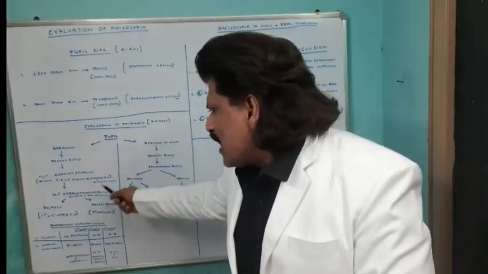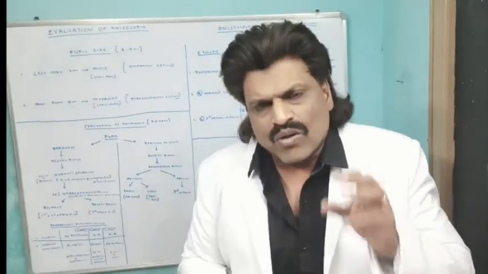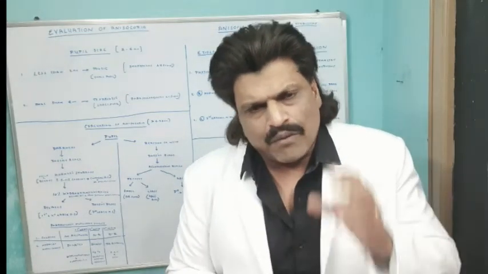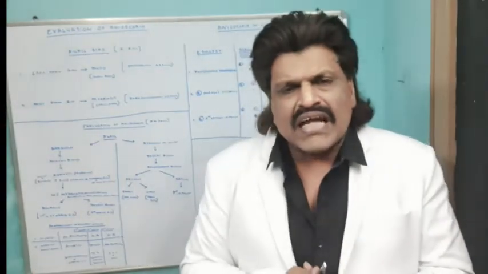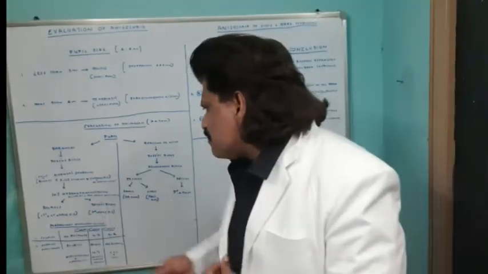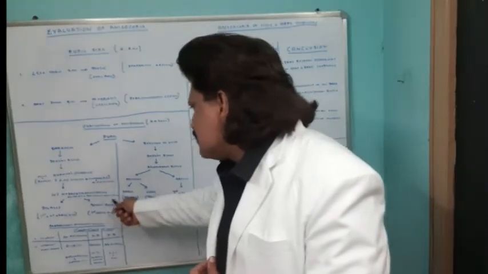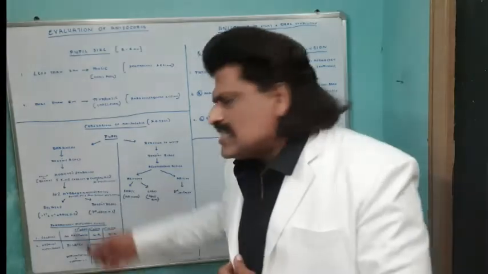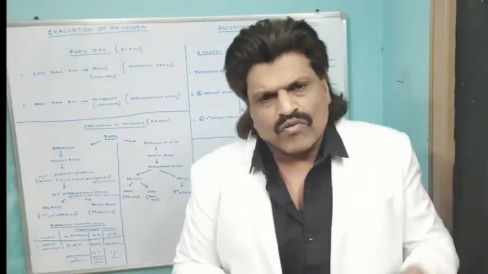Once we have confirmed the Horner's syndrome by instilling cocaine drops and failure of dilatation of the pupil, this time we instill 10% hydroxyamphetamine. The hydroxyamphetamine releases norepinephrine from the intact terminals.